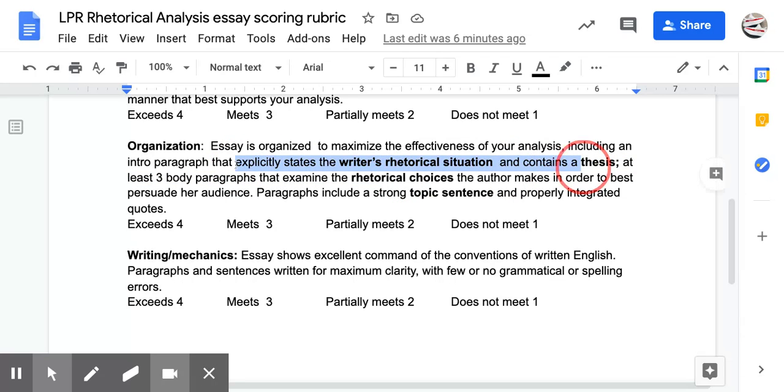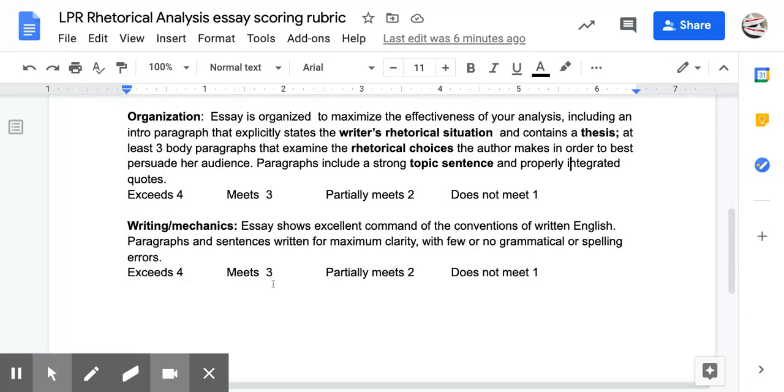That should be in your first paragraph. And at least 3 body paragraphs that examine the rhetorical choices that the author makes in order to best persuade her audience. Paragraphs, remember, should include a topic sentence at the beginning that summarizes or sets up what the paragraph's about. And then properly integrated quotes, which we worked on in class. And again, 4, 3, 2, 1.